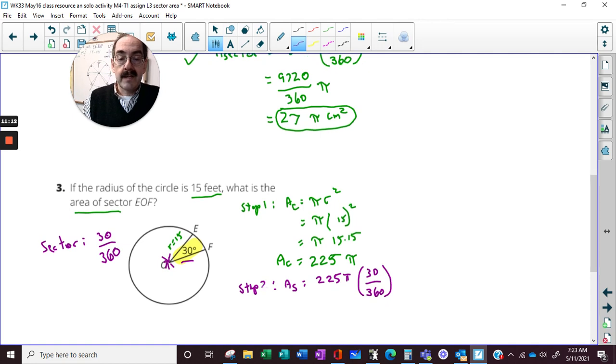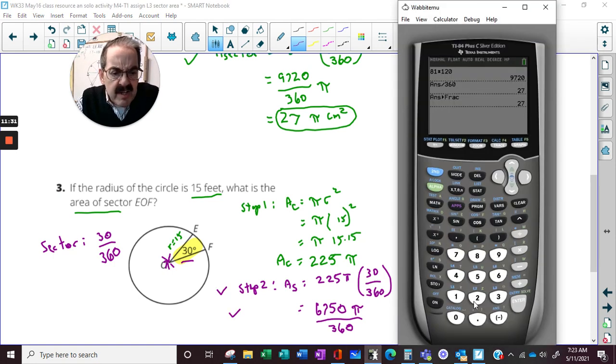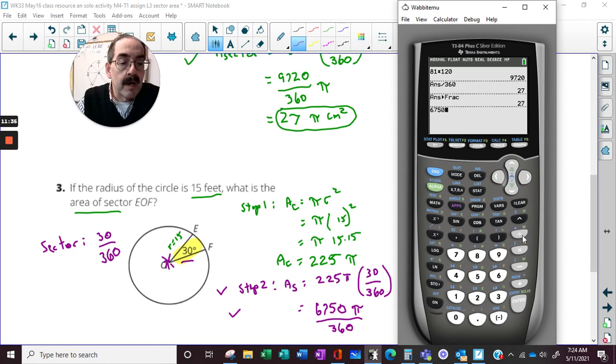Again, you could just multiply that out. 30 times 225 is 6750, so 6750 pi over the 360. We love those answers. Let's grab our fancy calculator. 6750 divided by 360 is 18.75, perfect.